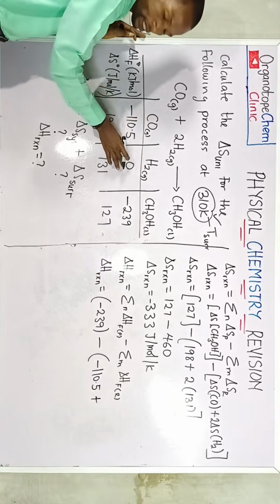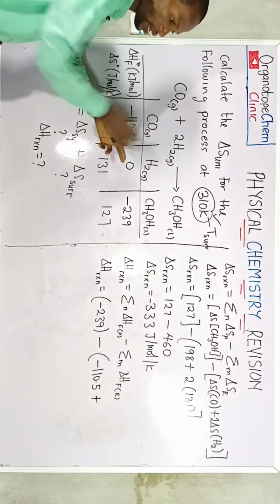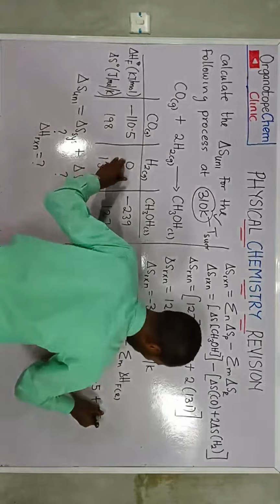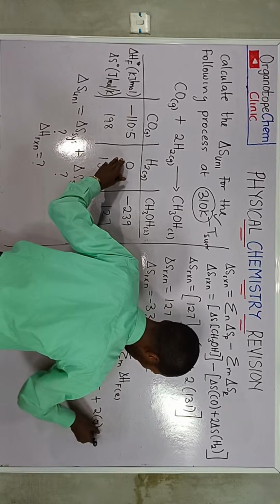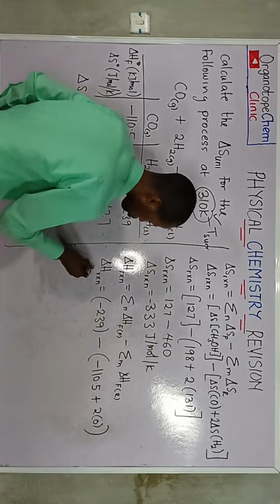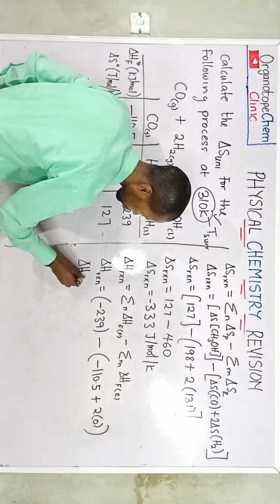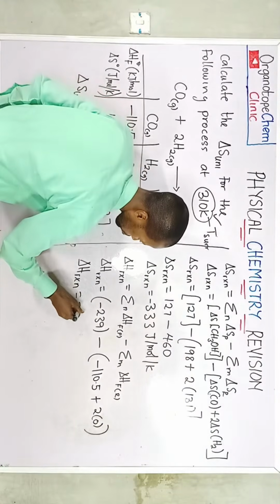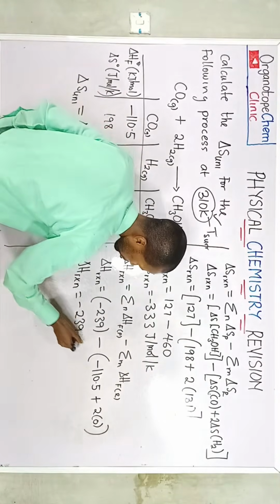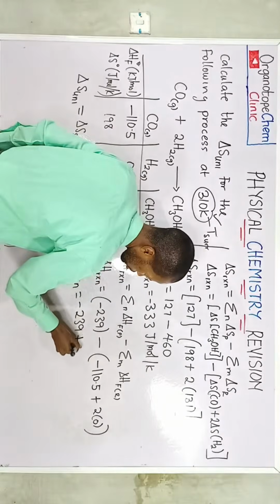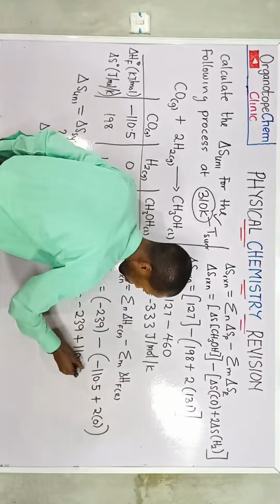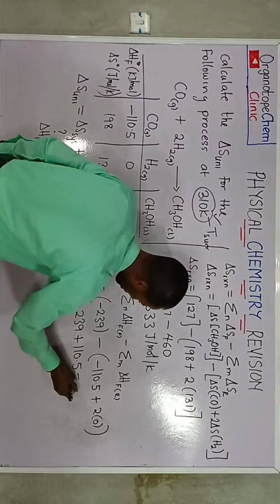This is an element. The enthalpy of formation of an element is equal to 0. That's 2 times 0. So we are going to have delta H reaction equals minus 239 minus times minus, that's plus 110.5. Okay? So what is the final answer?